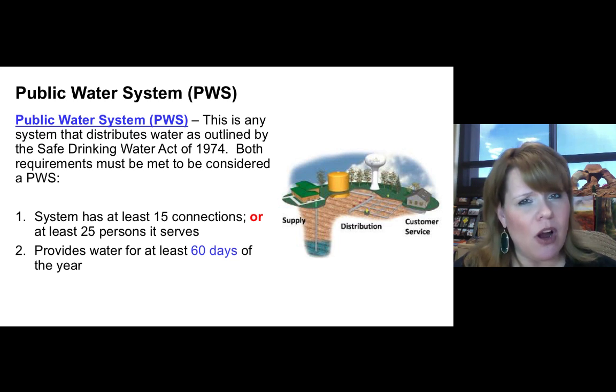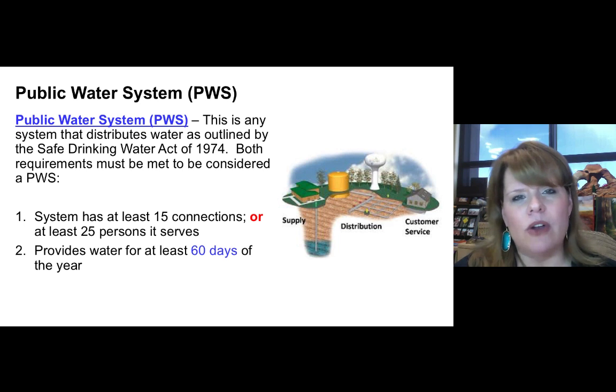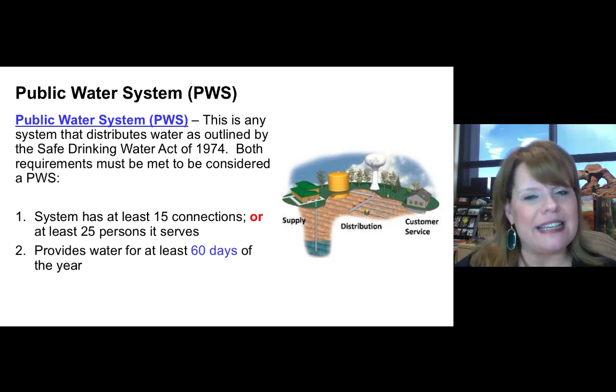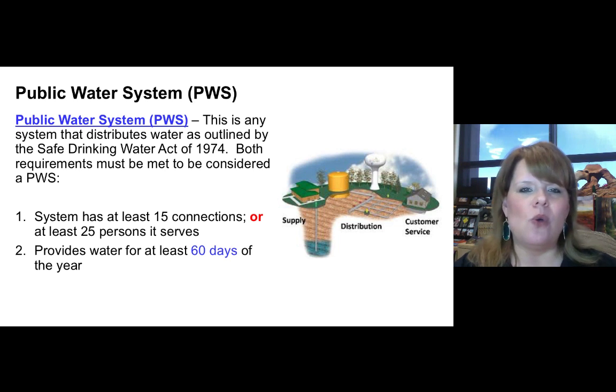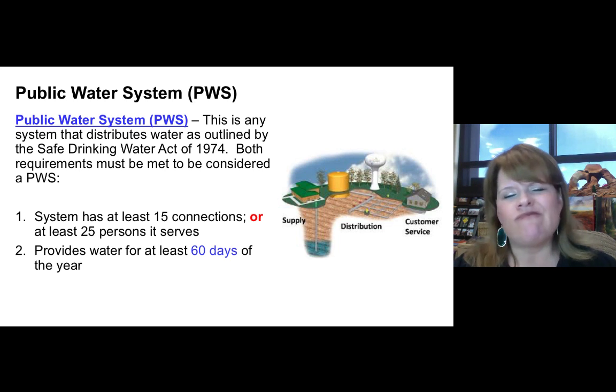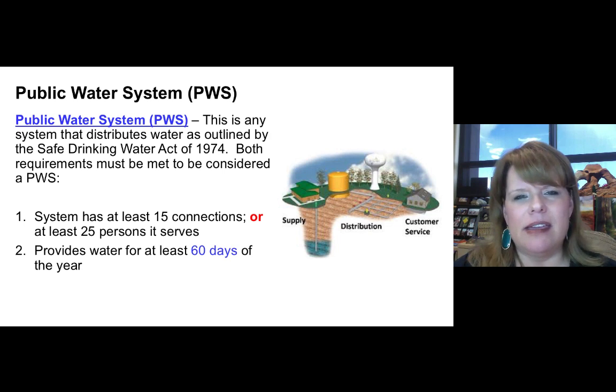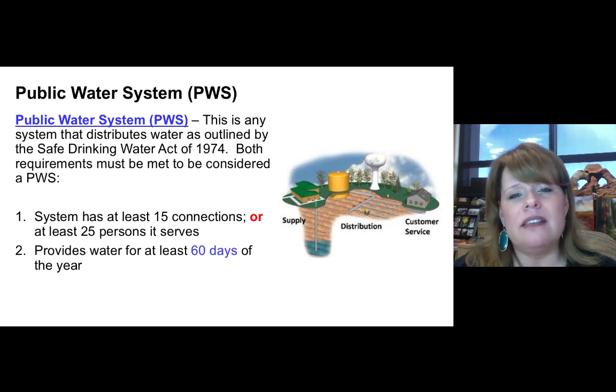The second requirement is that they must provide water for drinking for at least 60 days of the calendar year. So why is that important? Let's say you have a transient system that only operates for 40 days in the summer.